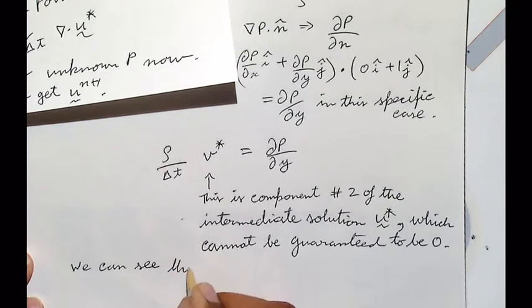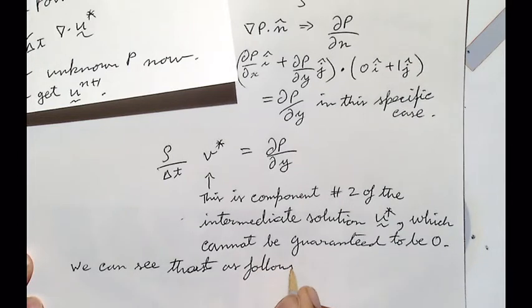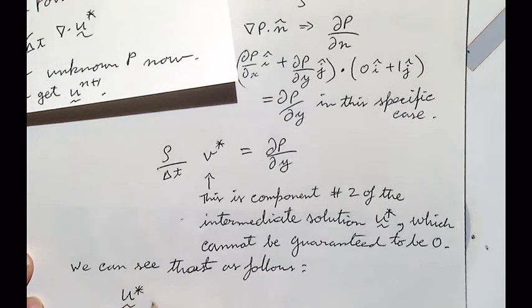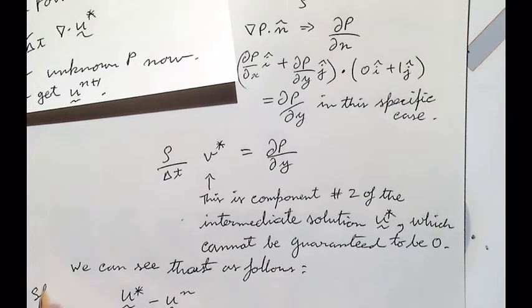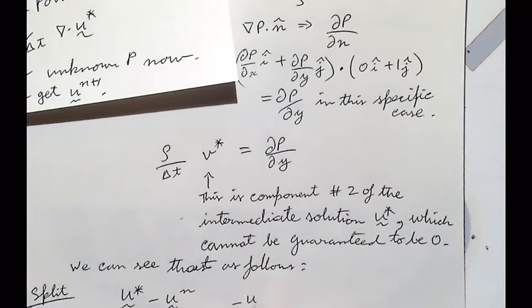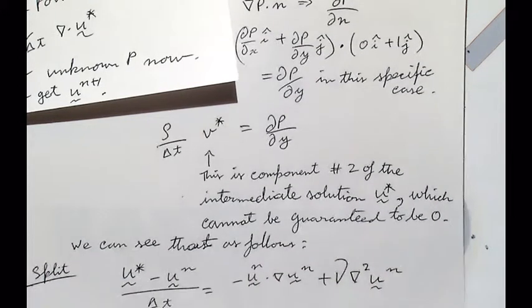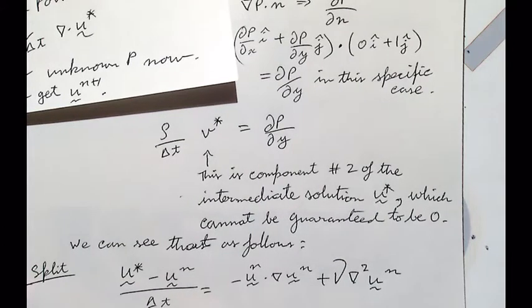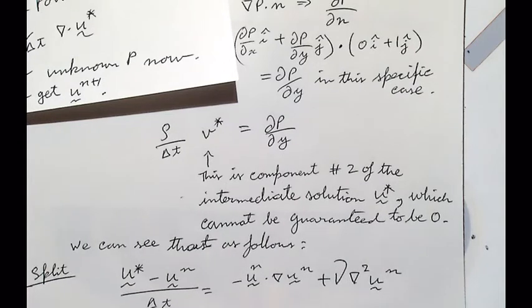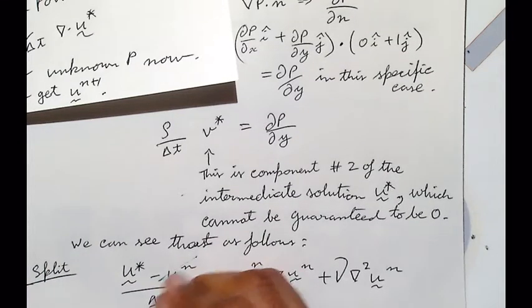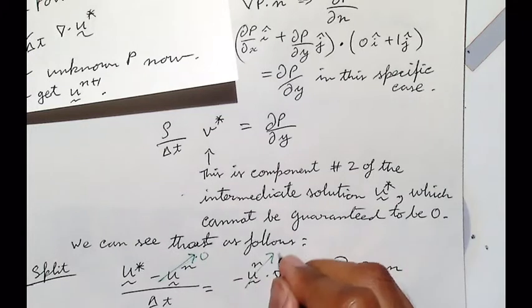U star minus u, and this is the split of the Navier-Stokes over delta t, minus u dot lambda u at n plus mu lambda squared u at n. All at wall. So at wall, u dot n is 0, which means we can get rid of this term, we can get rid of this term.